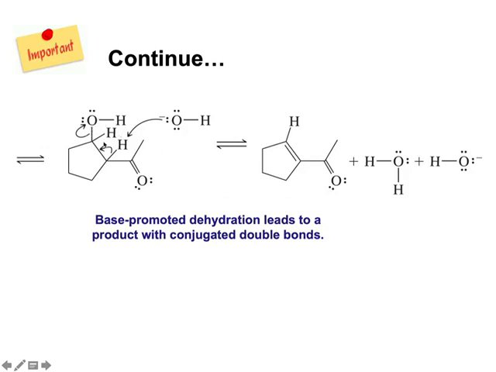Once you get the aldol product, continue with the presence of strong base, abstract this proton because we want to produce the end product alkene.